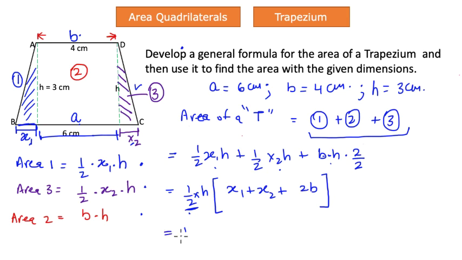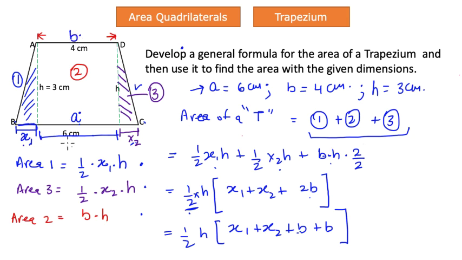Let's make it a little simpler by rewriting this whole thing as x1 plus x2 plus b, and I'll write b twice, like this: 2b is broken down into two parts. The reason I'm doing it this way is that the dimension BC, which is the dimension A stated here, is equal to x1 plus x2 plus this middle part b.